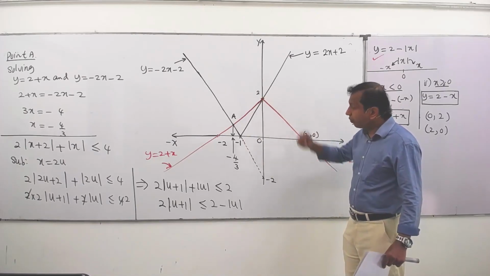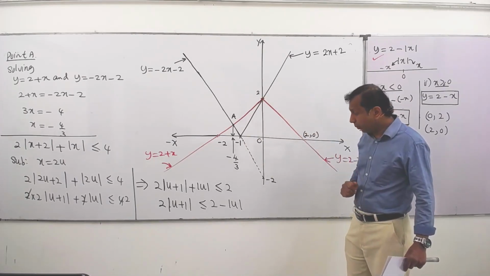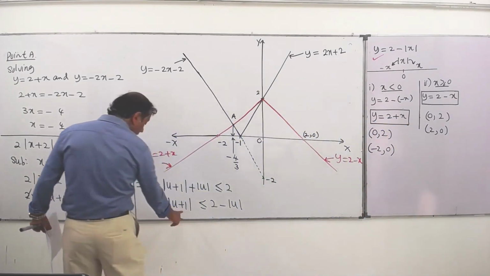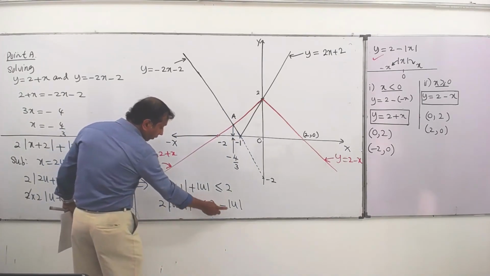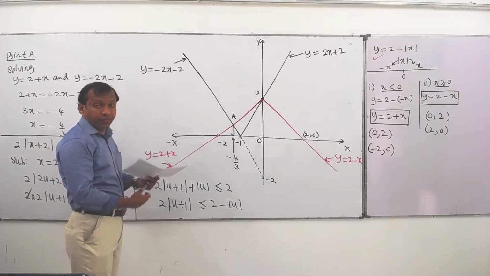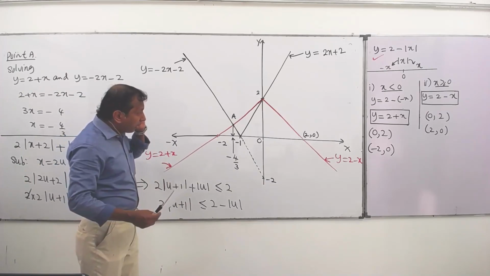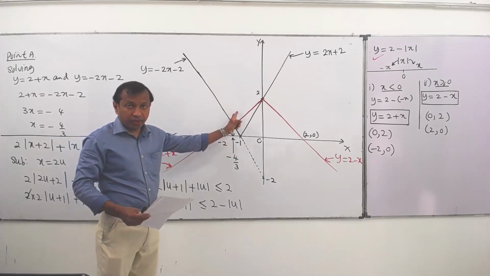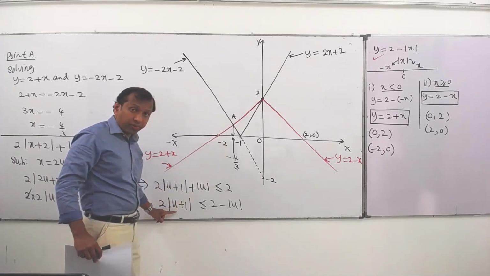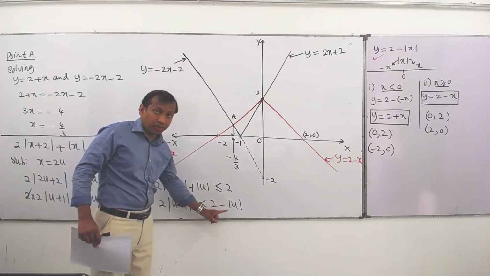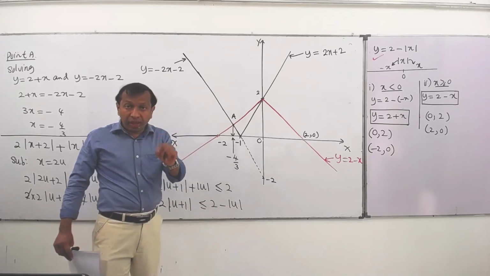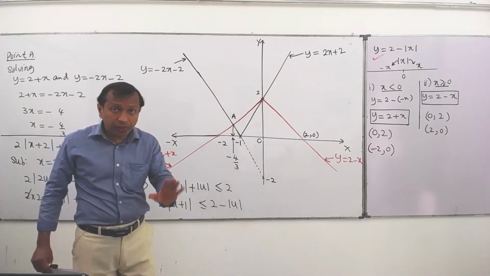Then by using this one, we can answer. What is asked now? This graph should be less than or equal to this graph. That means the black graph should be below the red one. This is the black one. Black one should be below the red one. What is the range of u? Black one below the red one.